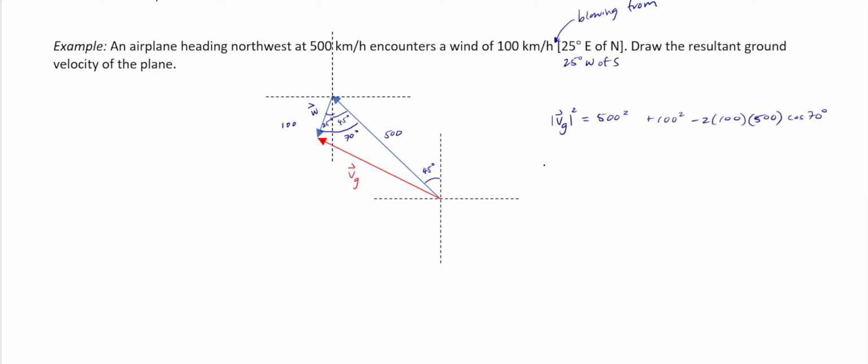That is going to give me the magnitude of the ground velocity of the plane, which is 475.2 kilometers per hour. I can even write that in. All right, and now what I'm going to do is find this angle right here, and I'll do it in light blue.